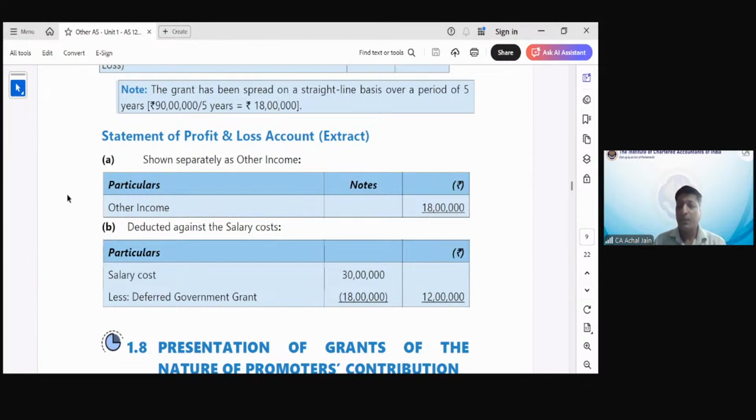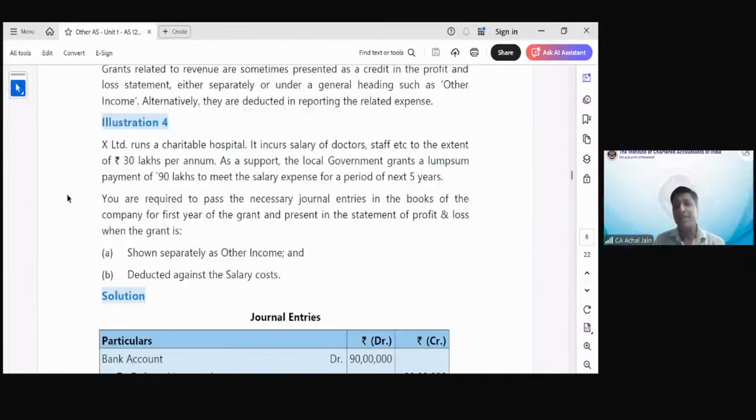Now, let's move on to the second case scenario. Instead of recording it as other income, let's suppose you deduct this from the salary cost, then how will your accounting entries change, Smriti? Over to you again. Sir, then salary account debit to bank 12 lakhs.